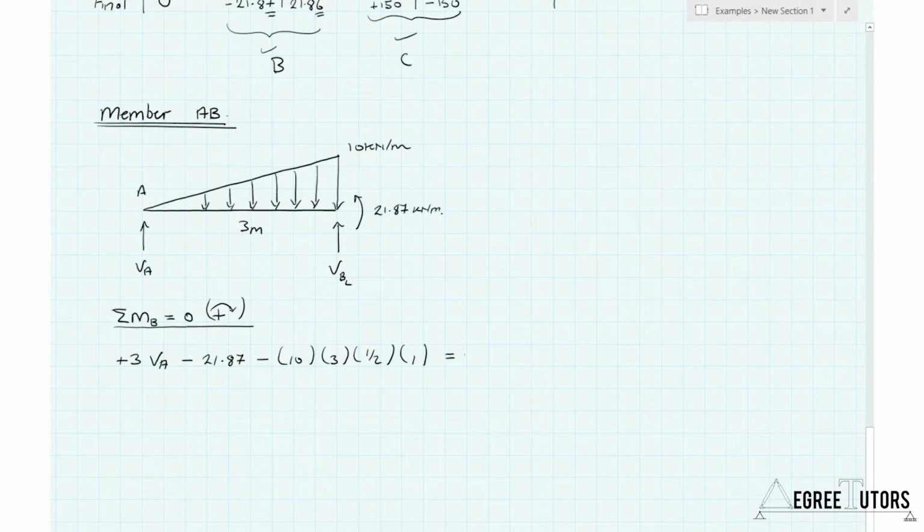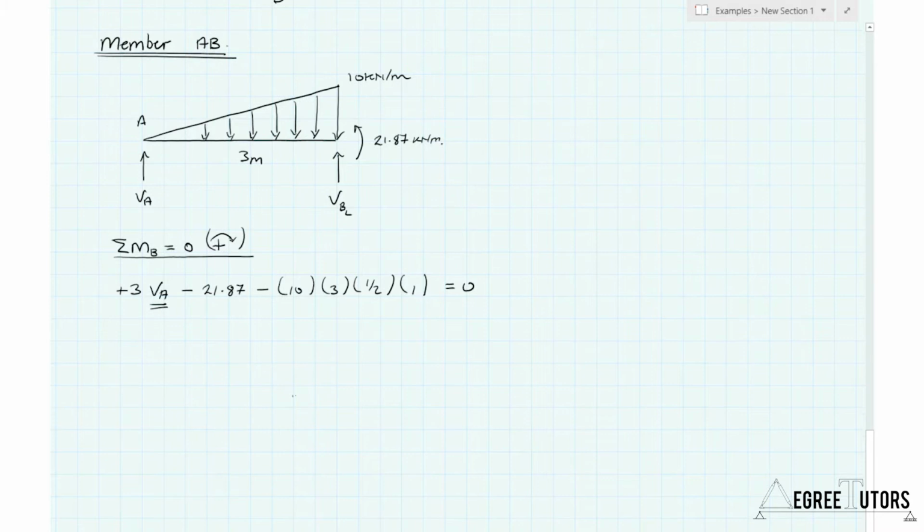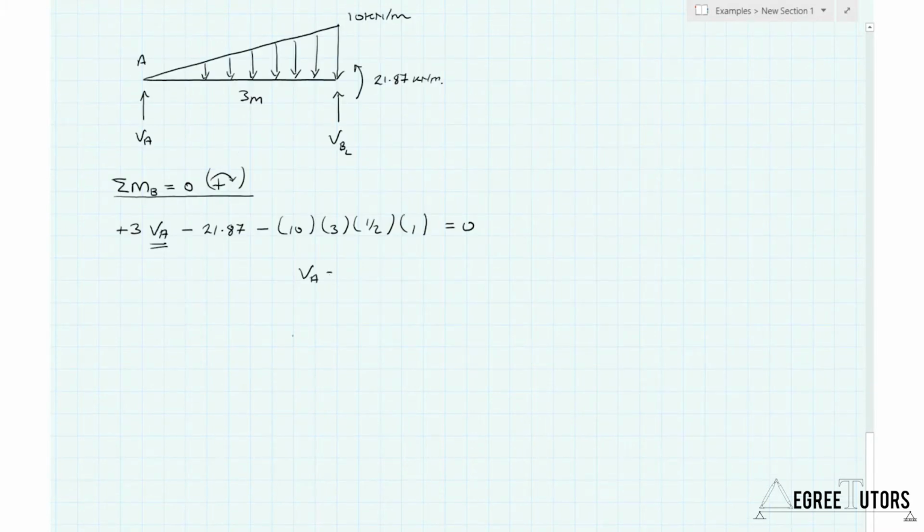And that all equals 0, and we'll notice the only unknown here is VA, so we can solve for VA. So VA is equal to 12.29 kilonewtons.